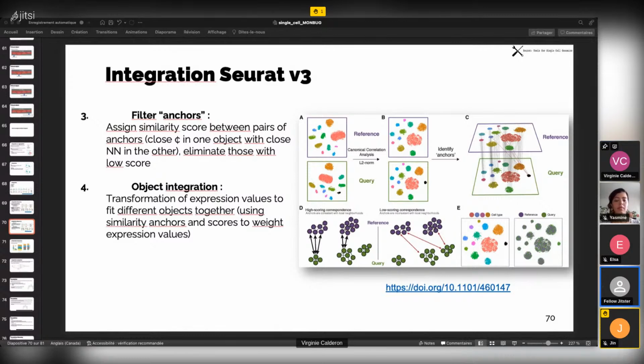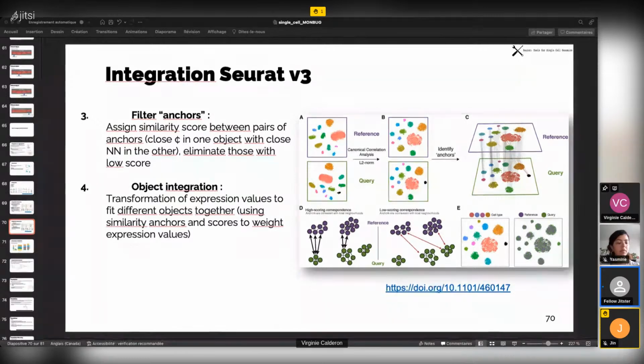Then on each step, after filtering or demultiplexing, the number of cells is reduced. And I wanted to know, is there some way that integration also reduces the number of cells?